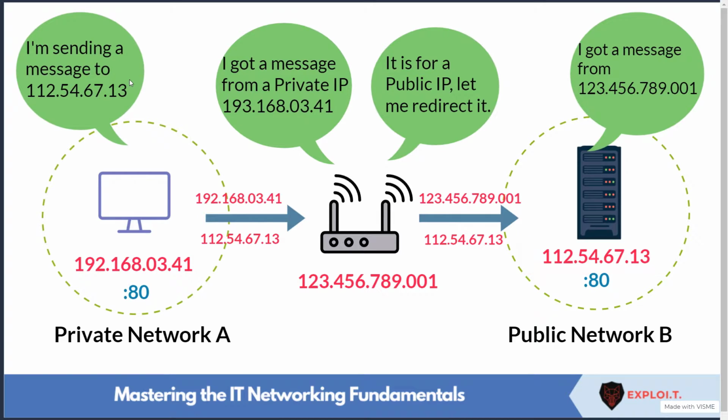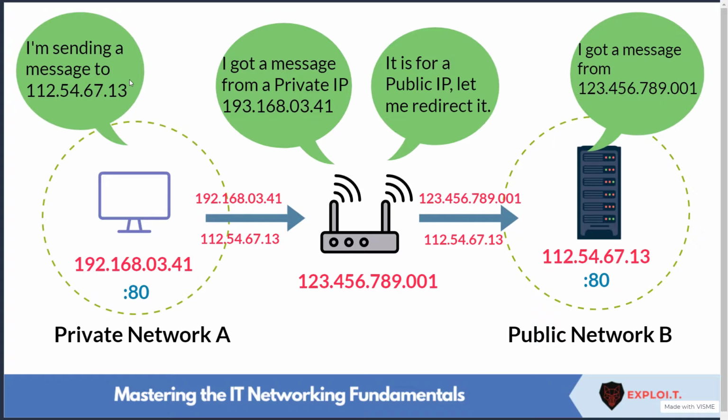I have chosen a server because we are going to request something from the server. And below that we have colon 80. Let's say we are using the same port number colon 80 and the server is also replying using this port. In the middle we have the router that serves the application of a network address translation. It converts the IPs of public to private and from private to public.